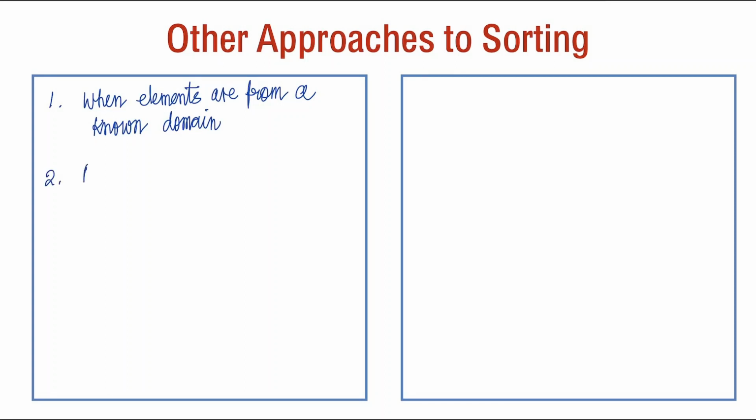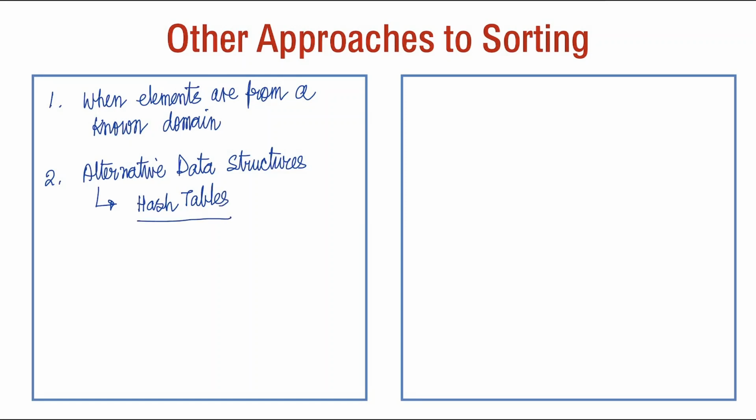The second is alternative data structures to improve the real-time behavior. And here there are data structures called hash tables, which are alternative data structures which are really important and very useful for doing a constant time find, etc., approximately constant time find, and these are good data structures.